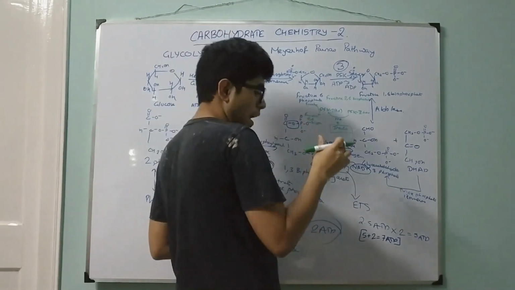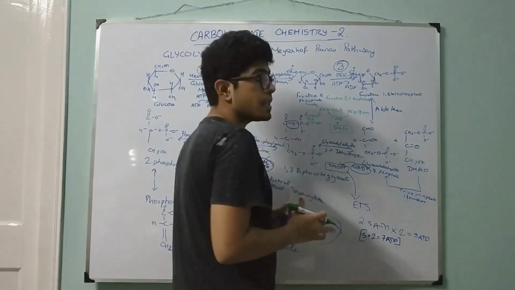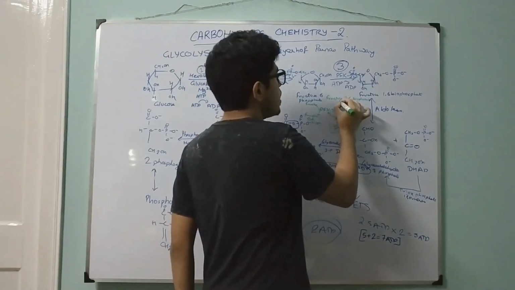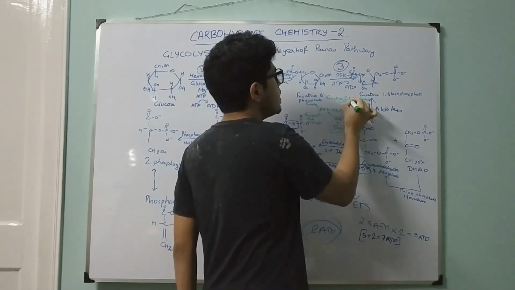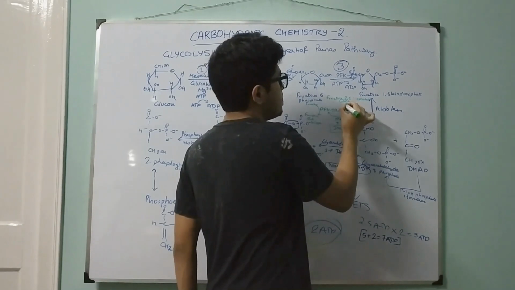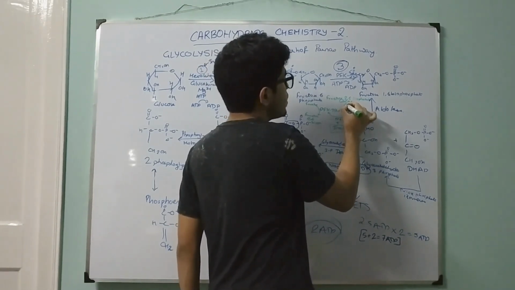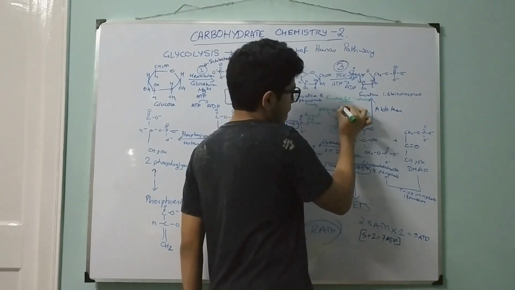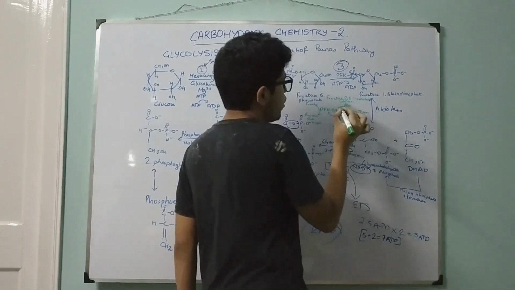Similarly, when there is prolonged fasting and the glucagon level increases, glucagon stimulates a protein called protein kinase A, which phosphorylates the active form to the inactive form.